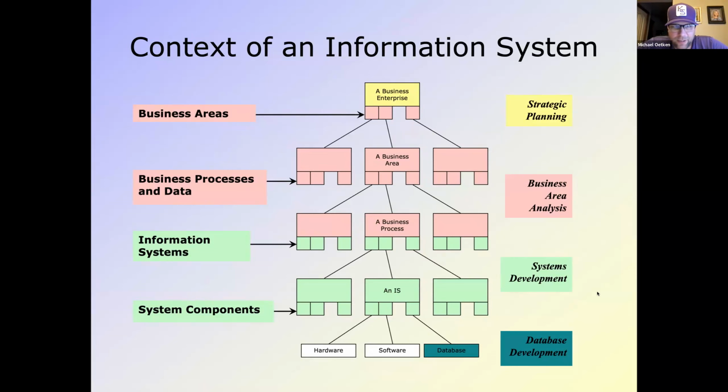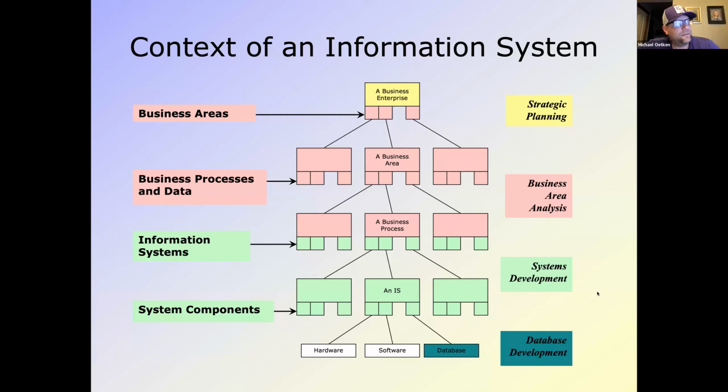Think about a company like Amazon: they have a lot of different business areas. They have the entertainment side, where they're producing TV shows and movies. They have the e-commerce side, where they're selling pretty much everything you could think of. And they have AWS, Amazon Web Services, another business area.